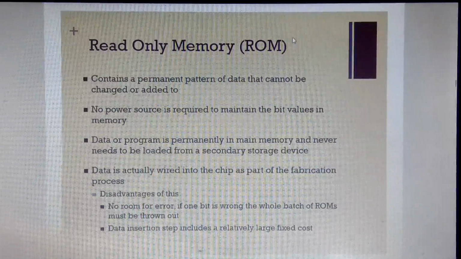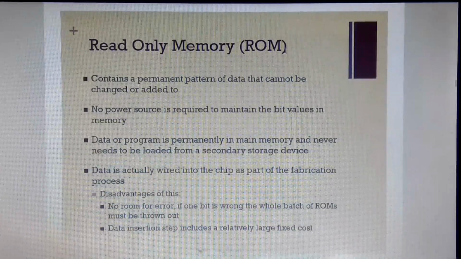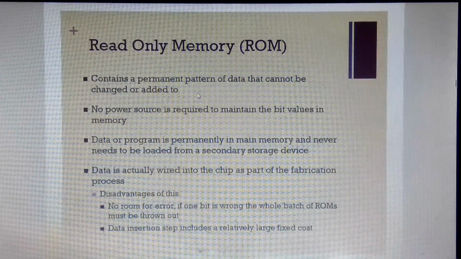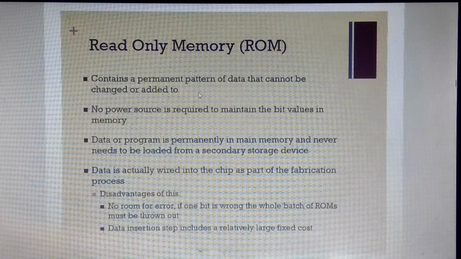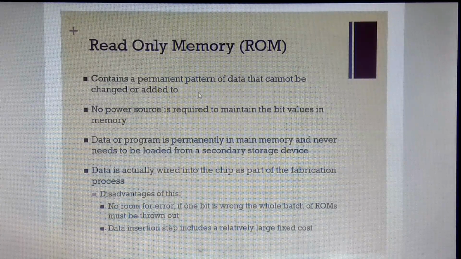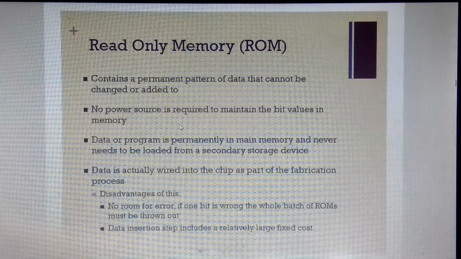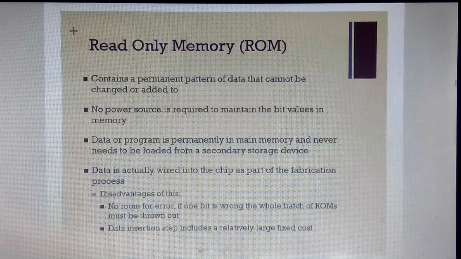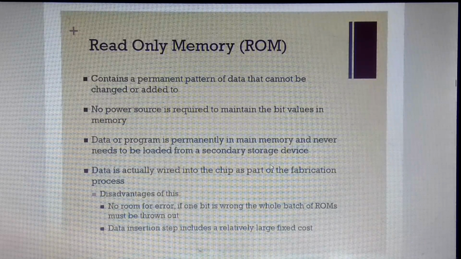In the next class, we'll talk about the read-only memory, ROM. It contains a permanent pattern of data that cannot be changed or added to, so no power source is required to maintain the bit values in the memory. The program data is permanently in the main memory and never needs to be loaded from a secondary storage device.